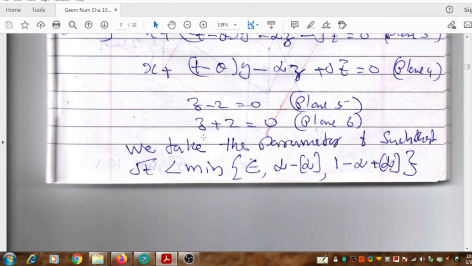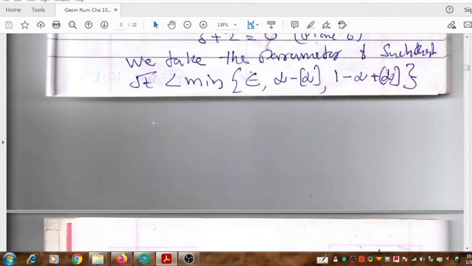Those three quantities are epsilon, alpha minus alpha in square bracket, and the third quantity is 1 minus alpha plus alpha in square bracket. Of these three quantities the minimum value is chosen, and root of t must then be less than that minimum quantity.